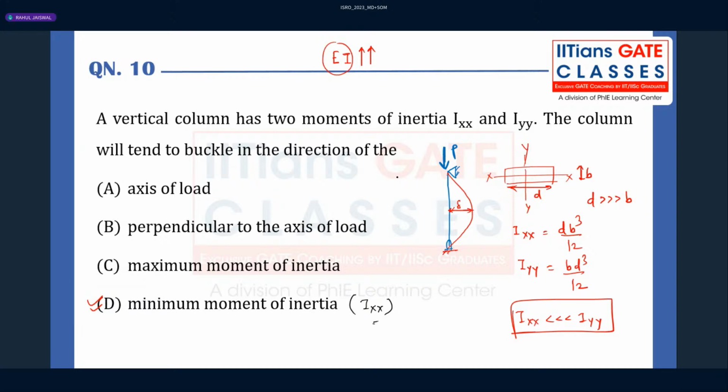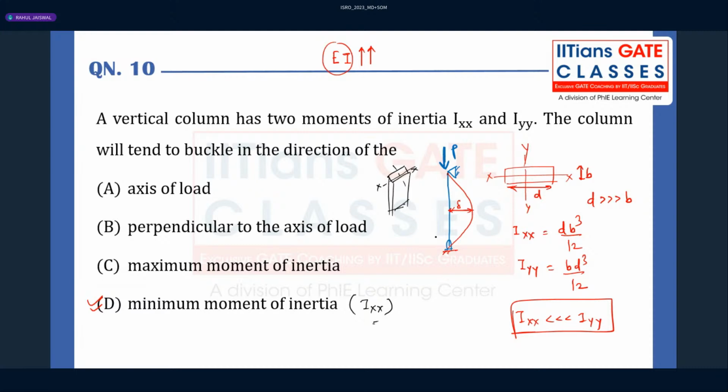That means if you draw the cross section, it may look like this. That means whatever buckling happens will happen in the plane of the laptop screen that you are observing. Buckling will not happen out of the plane, perpendicular to the laptop screen.